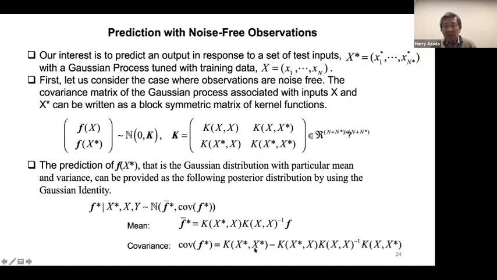Now it is reduced by incorporating X and Y, which is involved in the second term. By incorporating the training data, we can reduce the variance from this value to this value. So this is something we gain by training the Gaussian process with the data points.